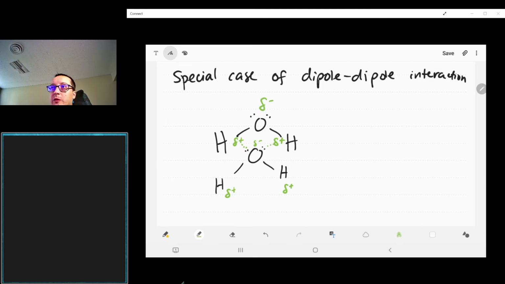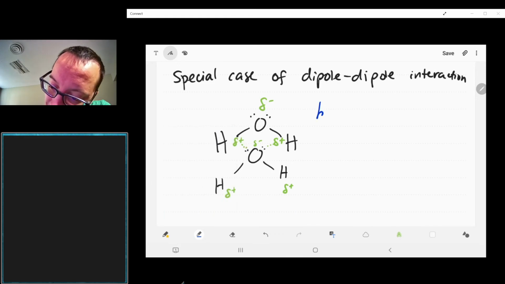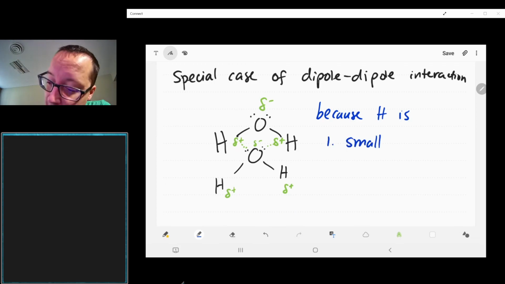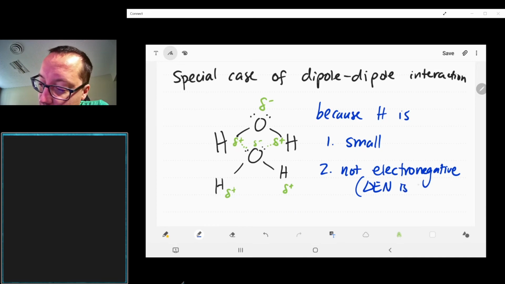And so we're going to see that because hydrogen is very small and not electronegative, the difference in electronegativity is generally large when hydrogen is bonded to a nonmetal.